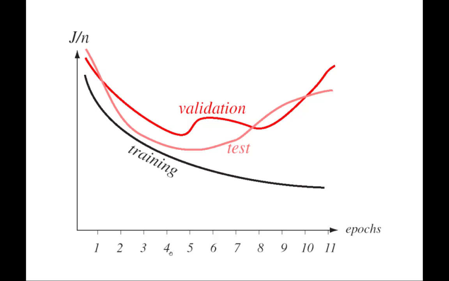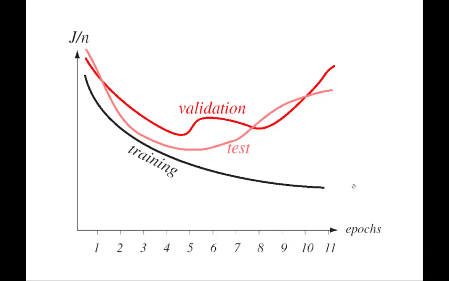This is the number of epochs, and one epoch just means you went through all your training data once. Since you're using stochastic gradient descent, you have to look at every data point several times. So one epoch means every data point has been visited. And then you look at your training error, so what is the cost function on your training data, and then you see a nice decrease. So the longer your training, the better the training error. It always goes down.